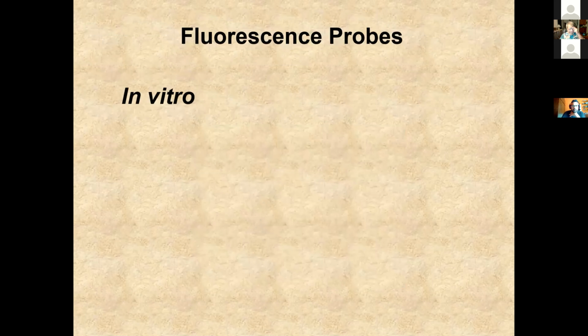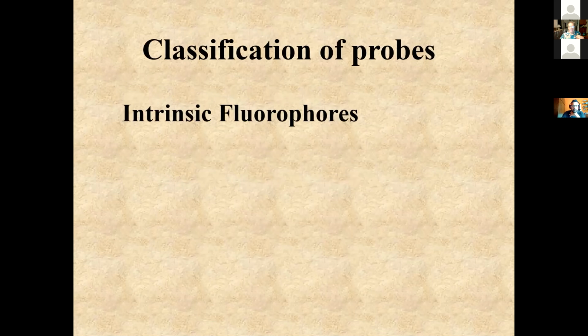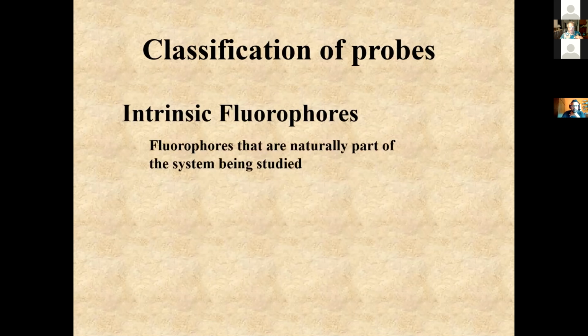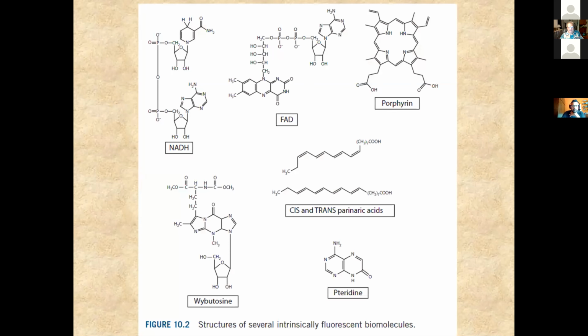So let's talk about probes. We talk about in vitro probes used in cuvettes or in silico plate readers, or in vivo probes, more accurately in cells. We can classify them as intrinsic fluorophores, which are fluorophores that are naturally part of the system, or extrinsic fluorophores we have to introduce into the system. Here are some pictures of intrinsically fluorescent molecules.